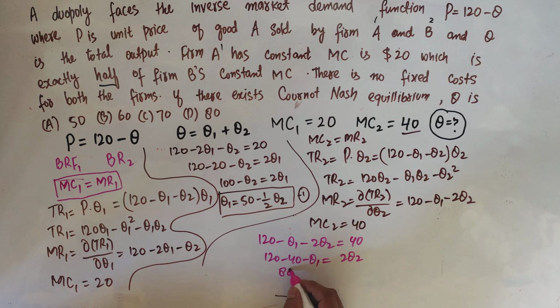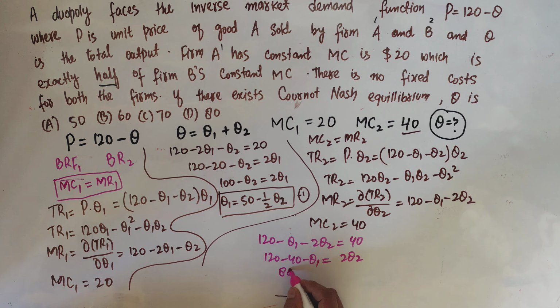So what I have done here is in fact incorrect. So let me solve it again. So we have Q2 minus 1 upon 4 Q2 is equal to 40 minus 25, which is 15.